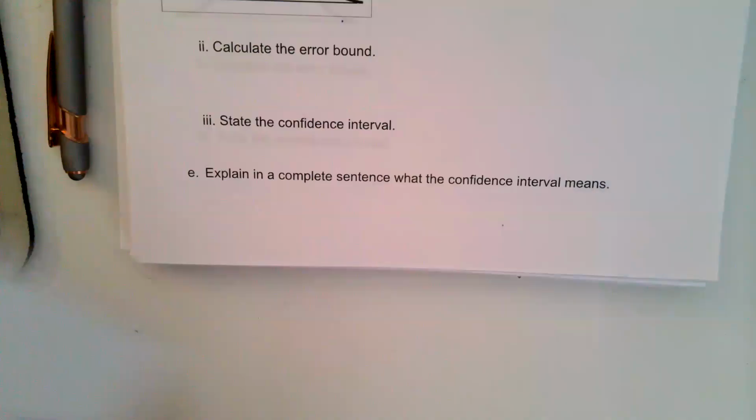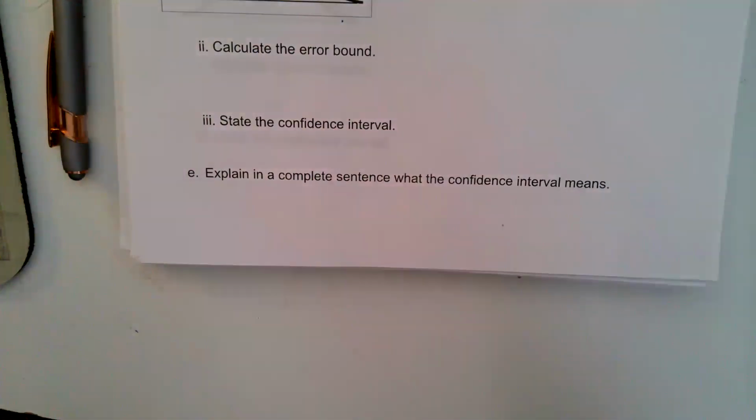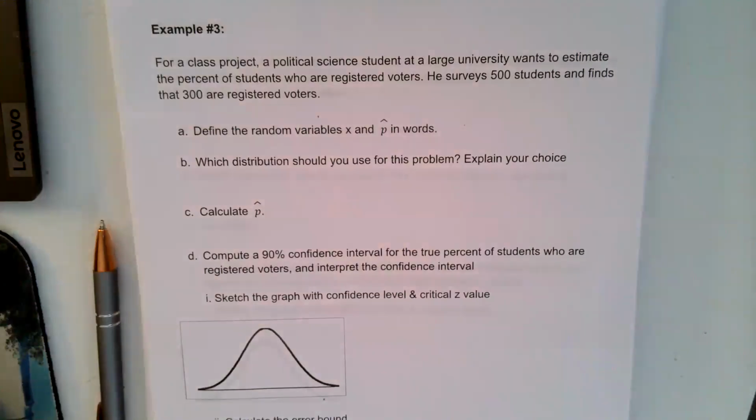Let's look at example 3. For a class project, a political science student at a large university wants to estimate the percent of students who are registered voters. He surveys 500 students and finds that 300 are registered voters.